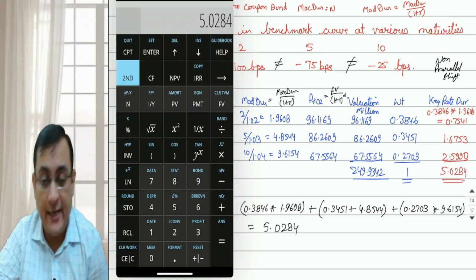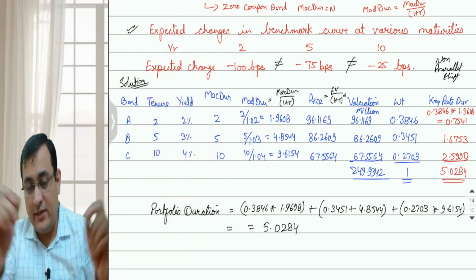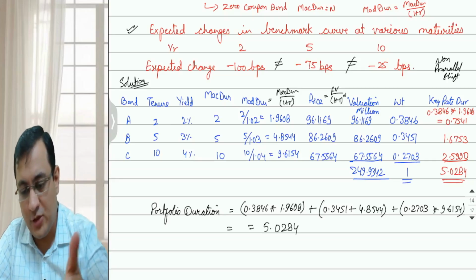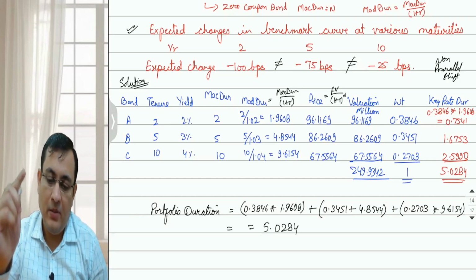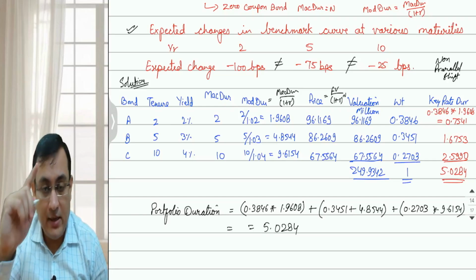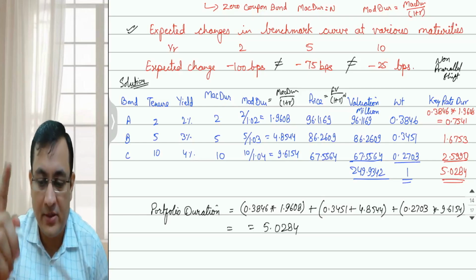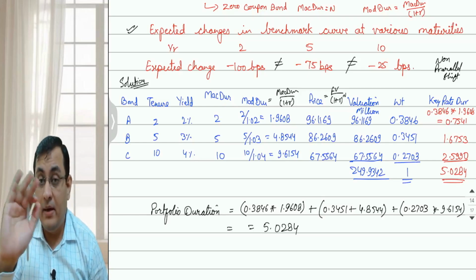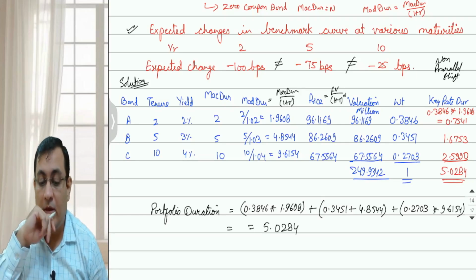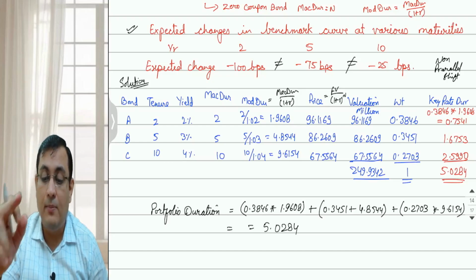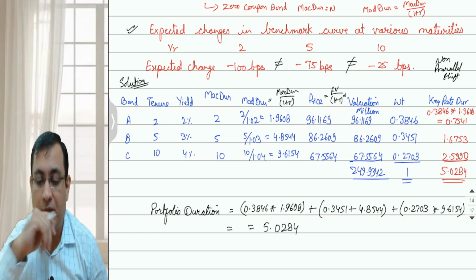So the individual changes at their respective times should sum to the overall change. If 1% increases only at the 2-year period, the bond portfolio should change by 0.75%, keeping the other two levels constant. If the 5-year tenure yield changes by 1%, your portfolio will change by 1.67%.